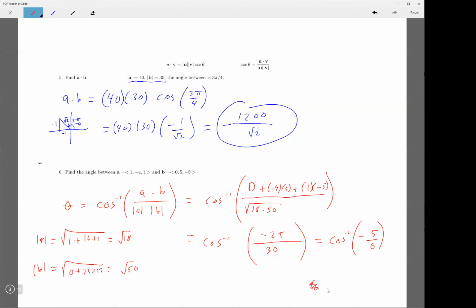Okay, so that's going to be the exact form.